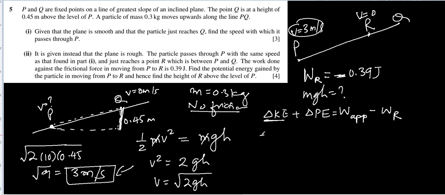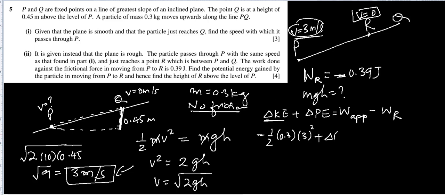We know what kinetic energy is, it has reduced. So it will be minus 1 over 2, mass 0.3, v squared, v is 3 squared. If there was a value at the end, we would have found it separately, but since it is 0, just put this, and that is the loss. Plus delta PE, because the first part says find the potential energy.